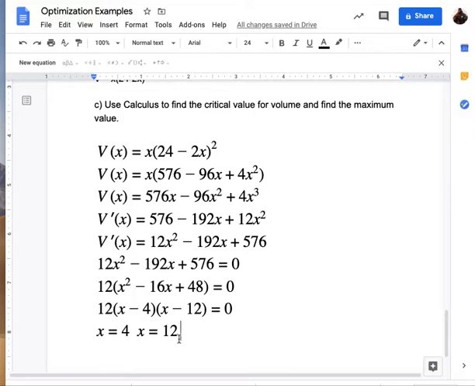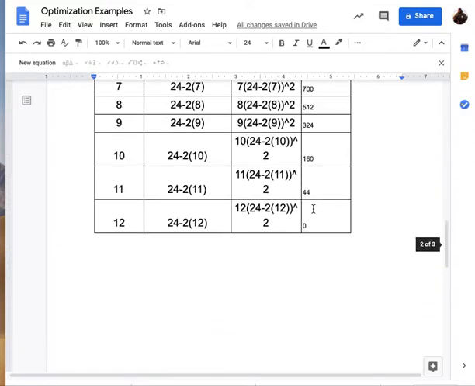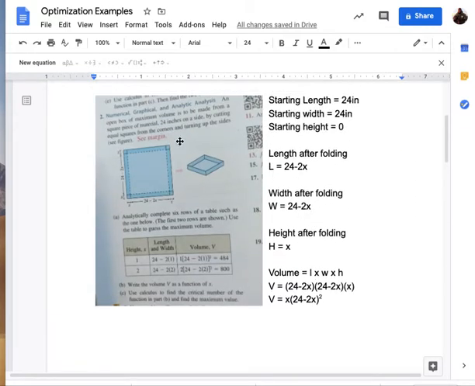And the reason x equals 12 is not going to work for us is because if we go back and think about this shape here, it was 24 inches by 24 inches. If you were going to cut 12 inches out of each corner, 12 by 12 and 12 by 12 and 12 by 12 and 12 by 12, you're not going to have any piece of cardboard or material left.